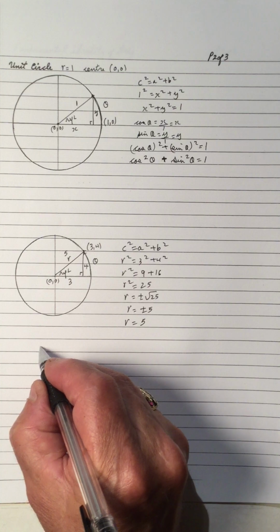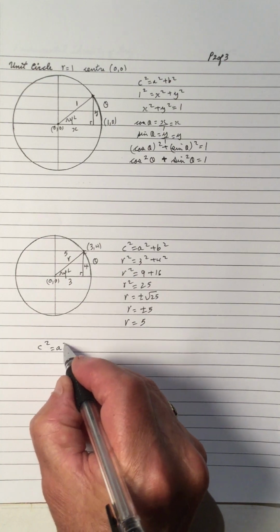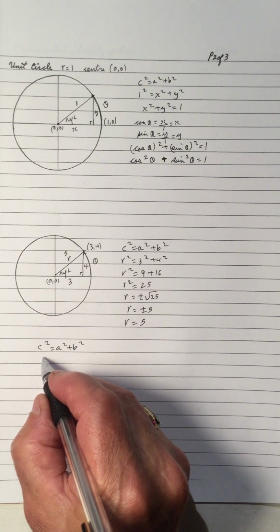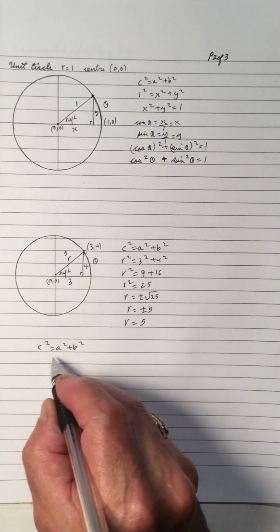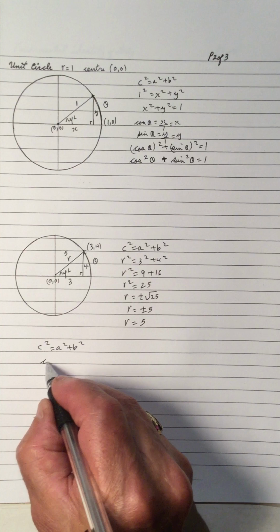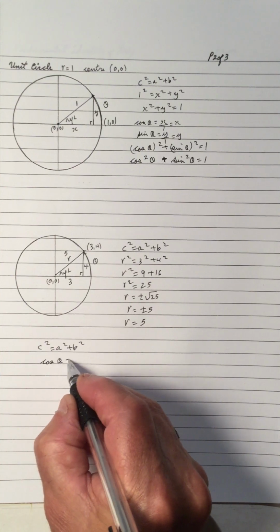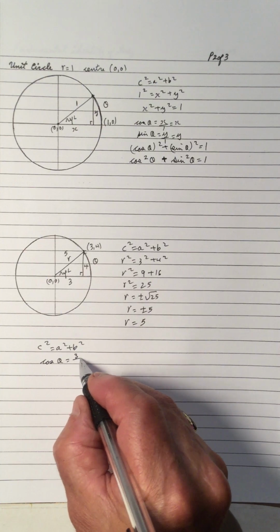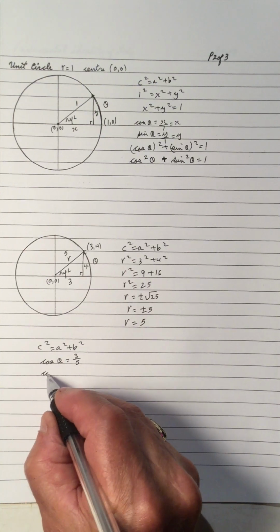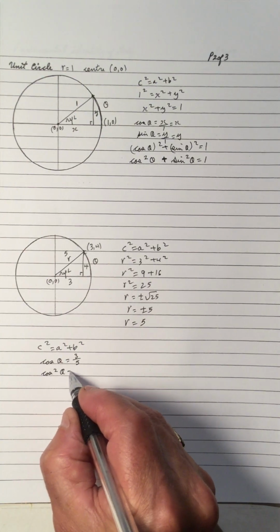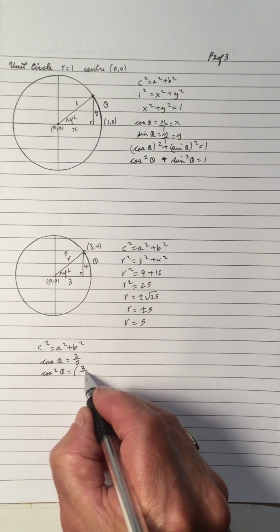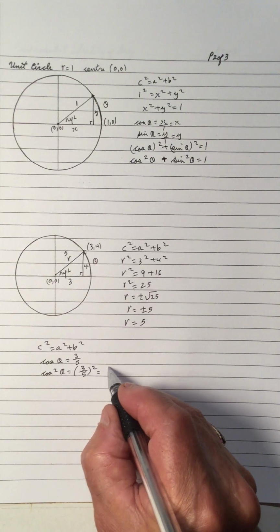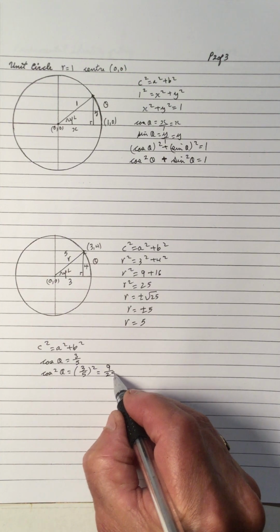So if c squared equals a squared plus b squared, then the cos of theta, cos is adjacent over hypotenuse, which is 3/5. So cos squared is 3/5 squared, and that gives us 9/25.